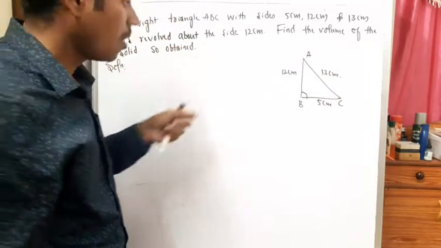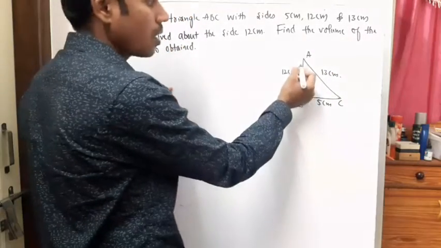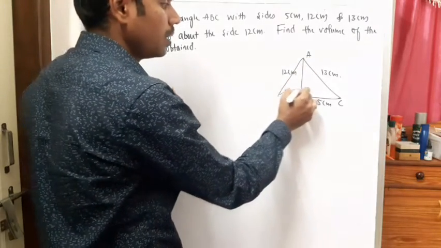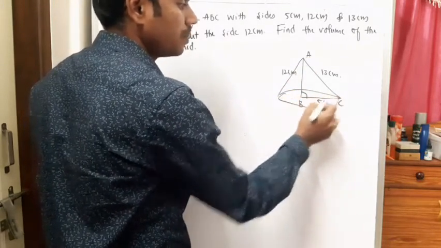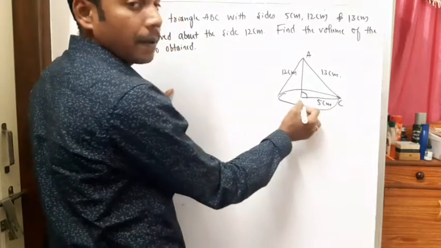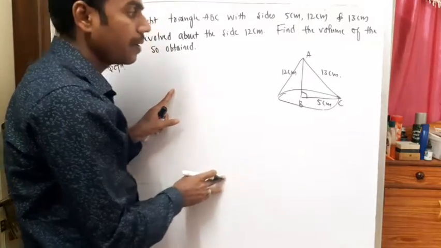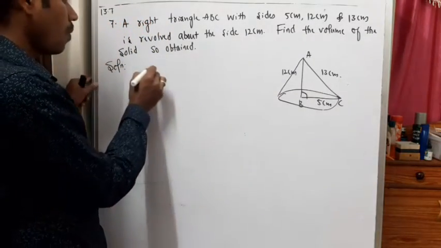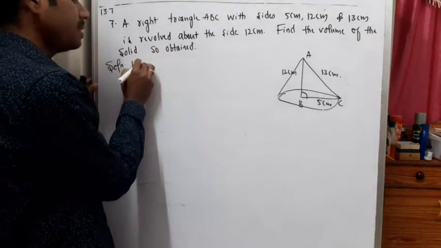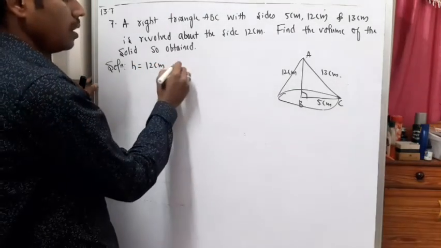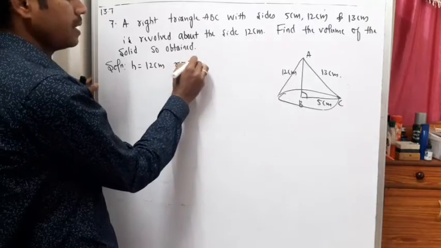Okay. Now once it revolves around 12 centimeter, it is going to form a right circular cone with base radius 5 centimeter and height 12 centimeter. Height is 12 centimeter and radius is 5 centimeter.